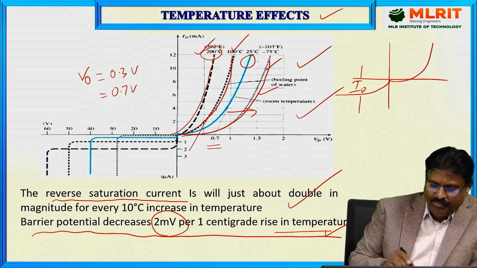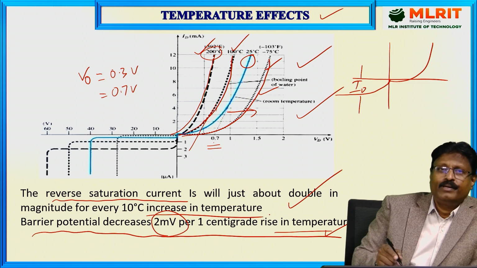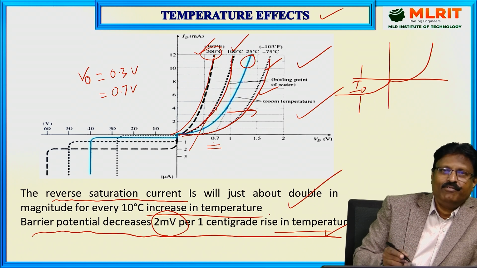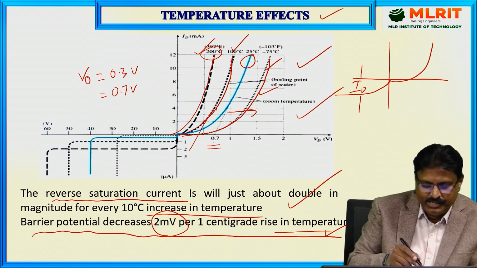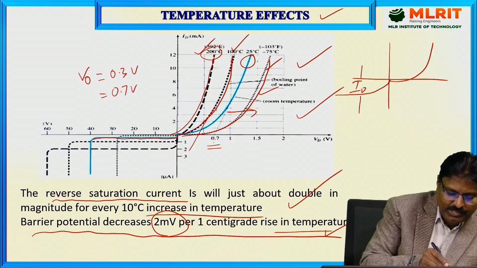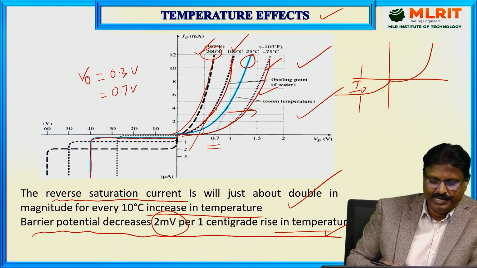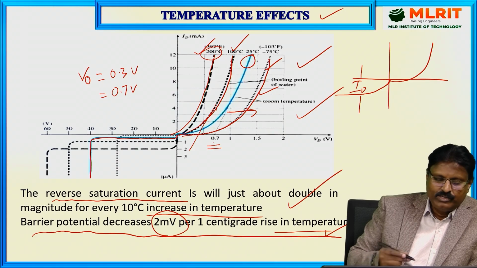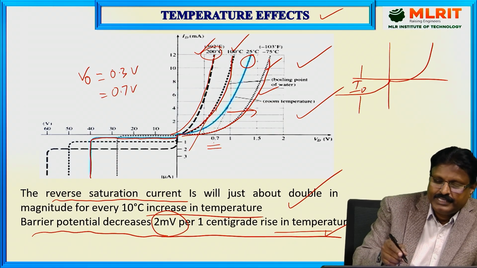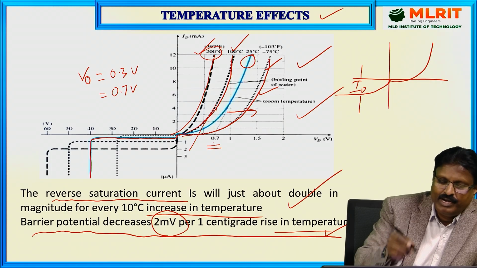So whenever there is a 10 degree centigrade rise in the temperature, the reverse saturation current will be doubled. Okay. So first let us take the solid curve, which is the curve at room temperature. Room temperature means 25 degrees centigrade. Okay. So whenever the temperature is increased from 25 degrees centigrade to 100 degrees centigrade.